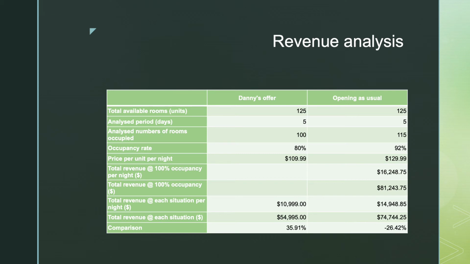However, from opening as usual to taking Denny's offer, that is a decrease of 26.4% in revenue. Additionally, if we compare both possibilities with the full capacity potential of the hotel, which is 100% occupancy, taking Denny's offer will only generate 67.7% of full potential, while opening as usual will make up to 92%.